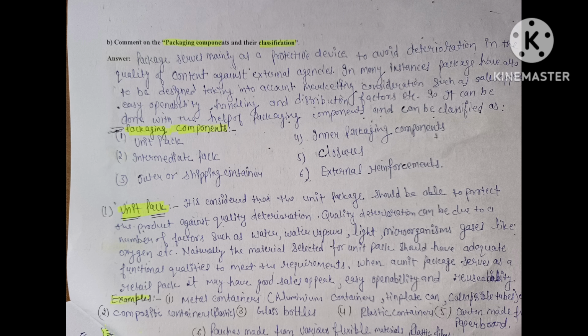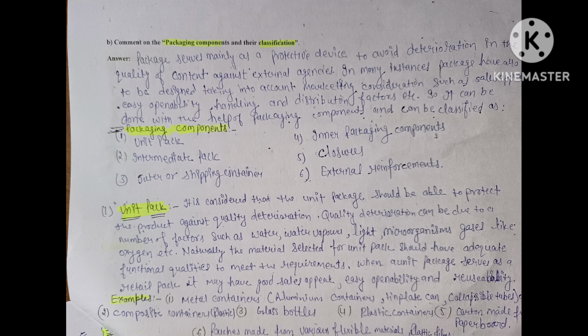So we'll talk about unit pack. It is considered that the unit package should be able to protect the product against quality deterioration. Quality deterioration can be due to a number of factors such as water, water vapors, light, microorganisms, gases like oxygen, etc. They can deteriorate the product.